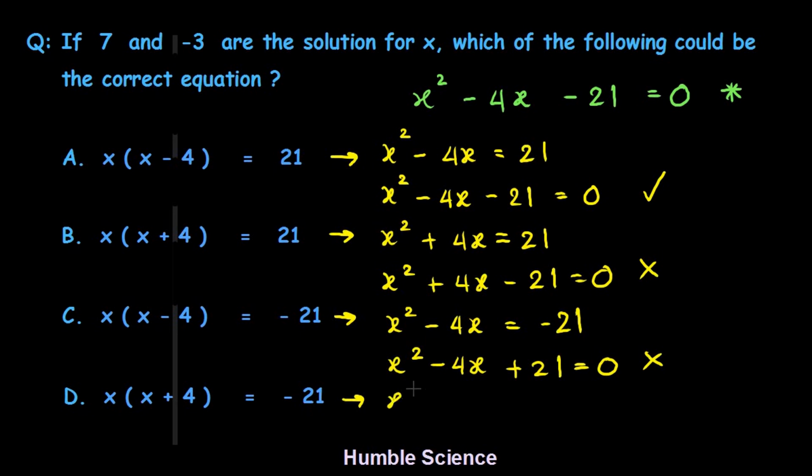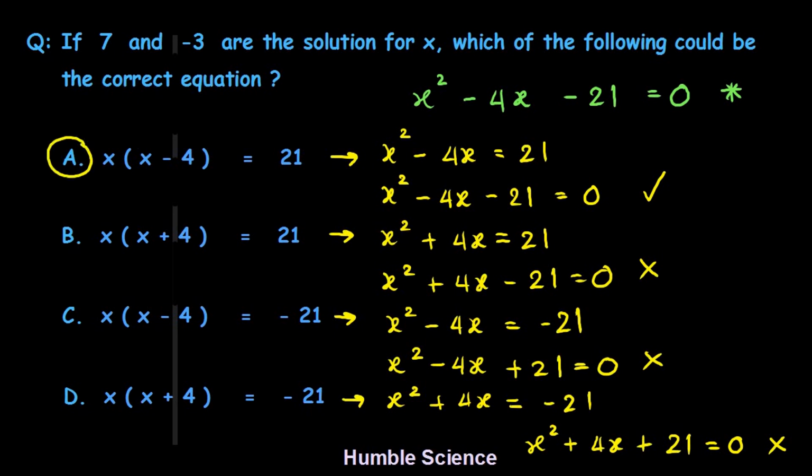This is going to be x squared plus 4x equal to minus 21. That means x squared plus 4x plus 21 equal to 0. Also not correct. So the correct answer is A.